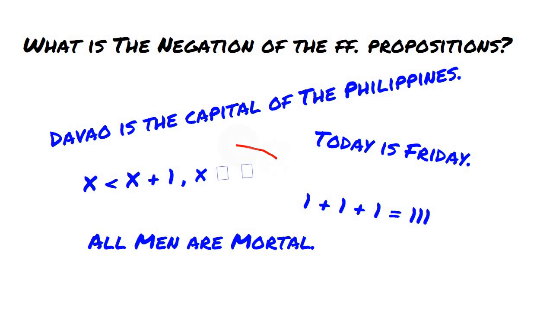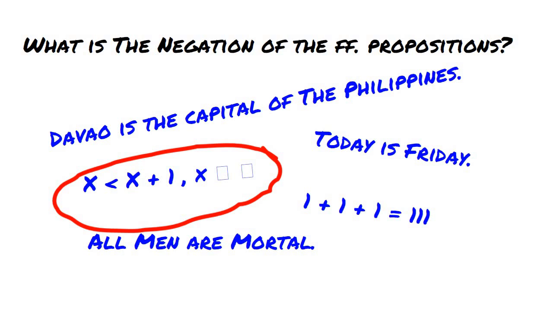The third statement, we have x is less than x plus 1, given that these are integers. And the way to negate this is simply make this x is greater than or equal to x plus 1, maintaining that x is an integer.